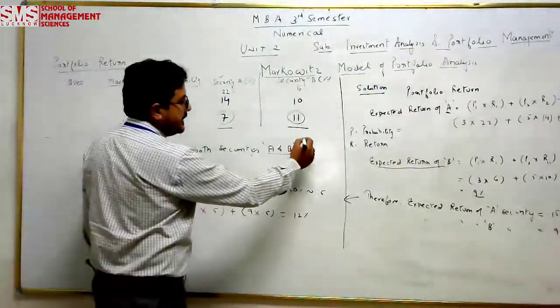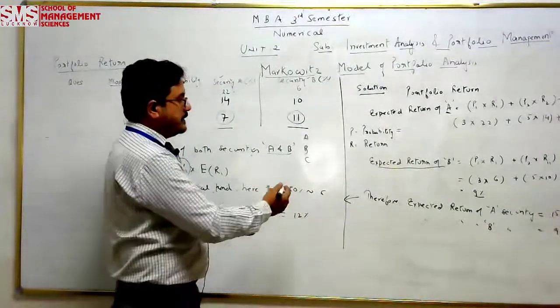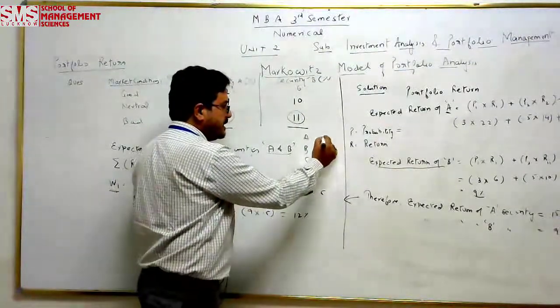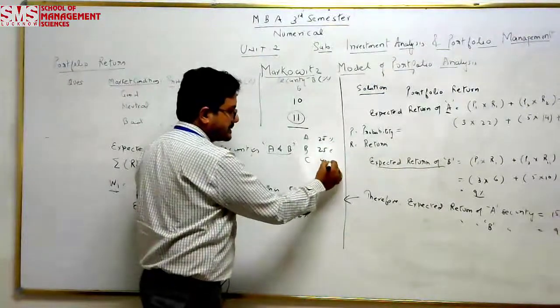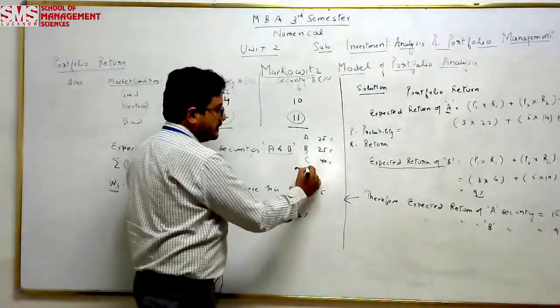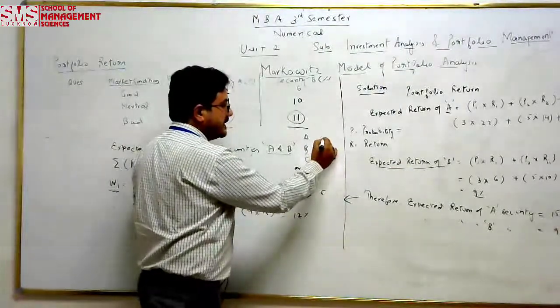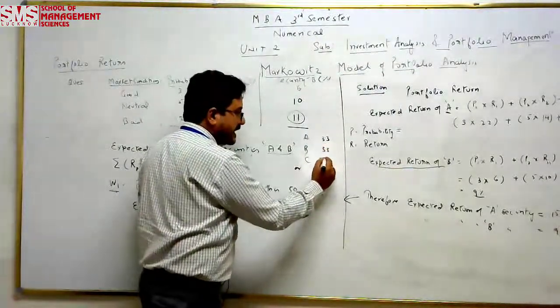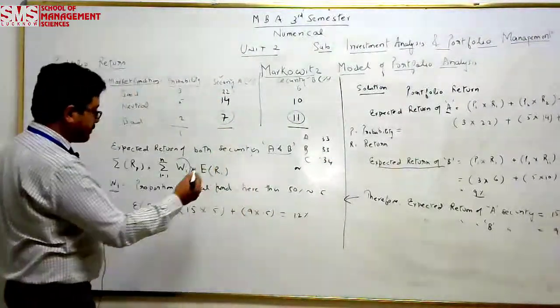For example, if A, B and C, the proportion of fund may be 25%, 25% and 40%, or you can also have equal proportions, then 33, 33 and last is 34. So you have to maintain the proportion by W.